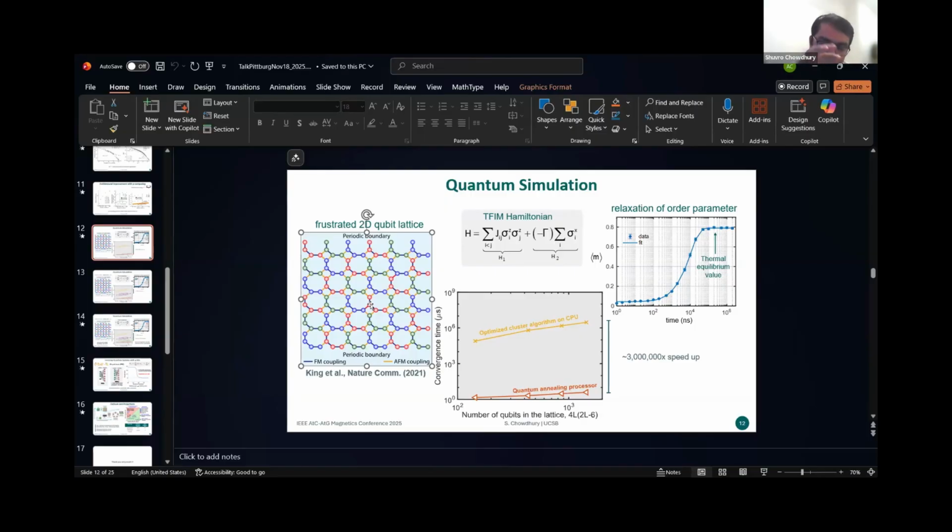In that field, the people who do these quantum simulations already know this. This subset of problems is known as stoquastic problems.